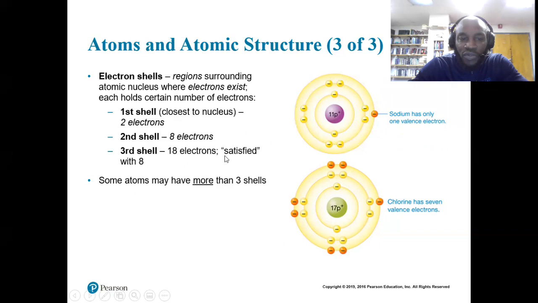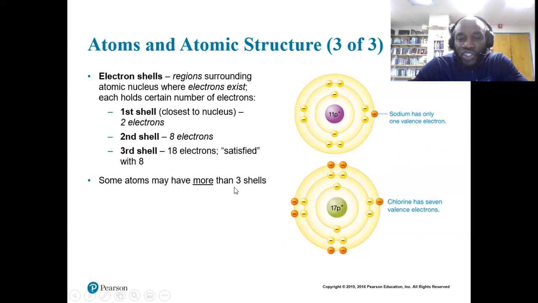Like I have listed here, that should be 8 electrons, not 18. You generally want 8 electrons on the outside, but we're going to talk about how that can change when you have bonding, and we'll talk about that in a second.